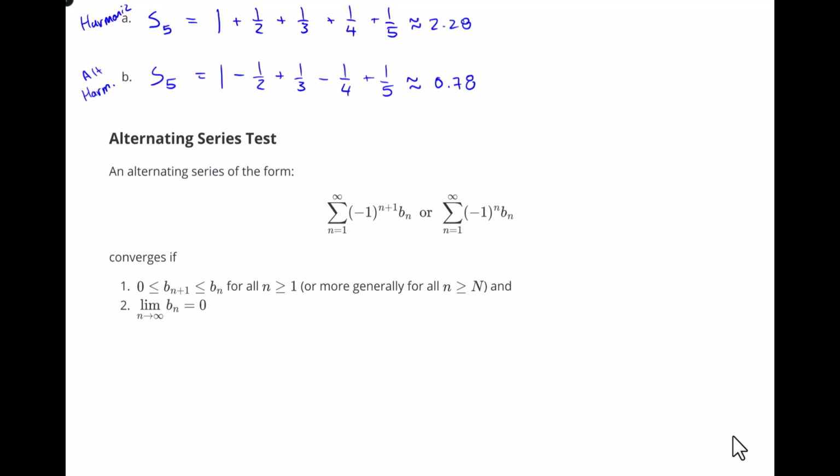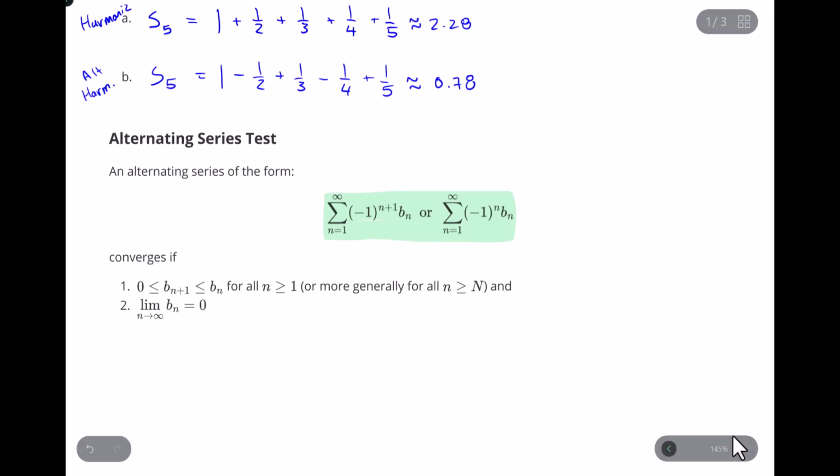So the alternating series test says a series of the form (-1)^(n+1) times b sub n, or (-1)^n times b sub n, which is effectively the same. It just changes which term is positive, whether the first term is positive and the second negative, or the reverse.